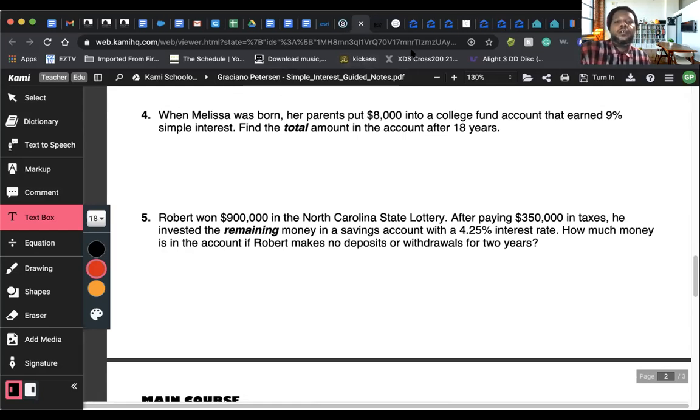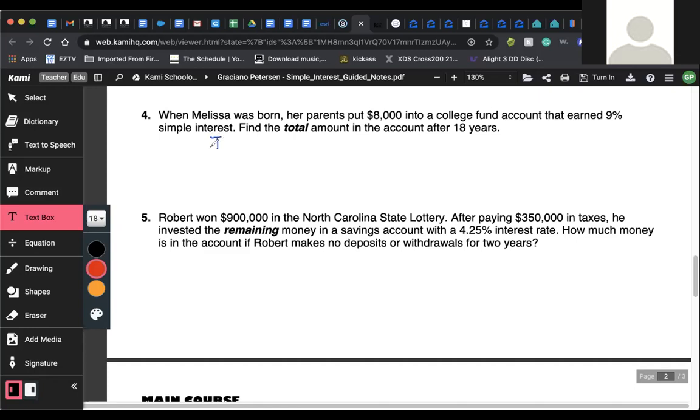Okay, so number 4 says when Melissa was born, her parents put 8,000 into a college fund account that earned 9% simple interest. Find the total amount in the account after 18 years. So what did you all do to figure this one out?